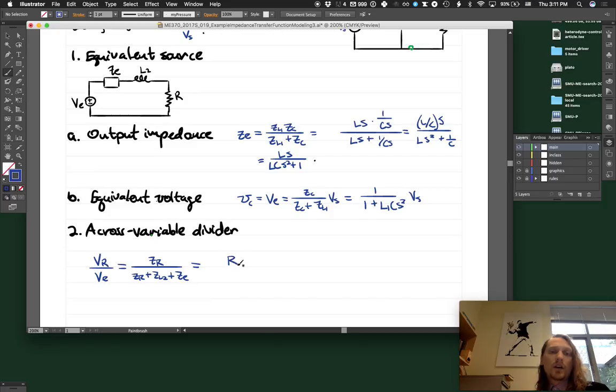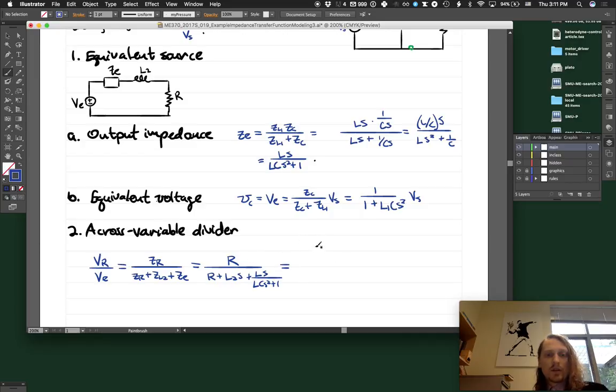ZR is just R plus L2S plus ZE, which is this expression here, so LS divided by LCS squared plus 1. So let's multiply numerator and denominator by LCS squared.